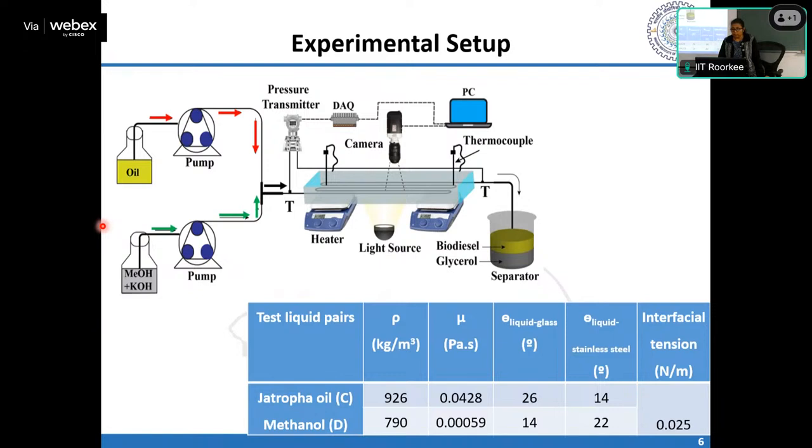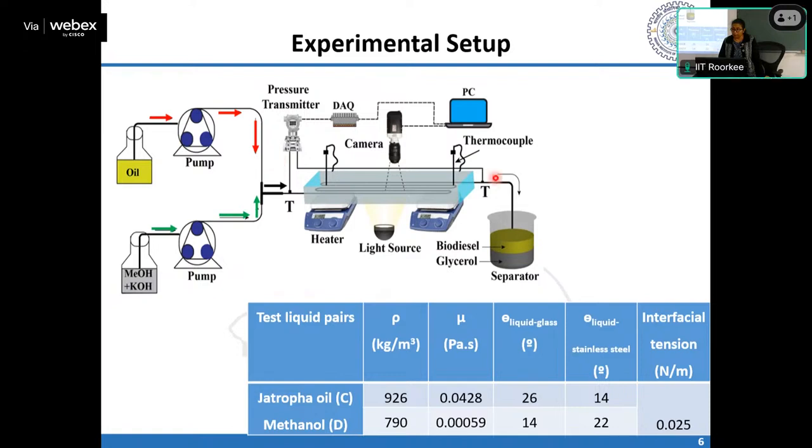We have two fluids. First is the jatropha oil, second is the methanol mixed with KOH. These form a homogeneous mixture, which is pumped and injected inside the reactor, and we have a pressure transmitter to record the signals.